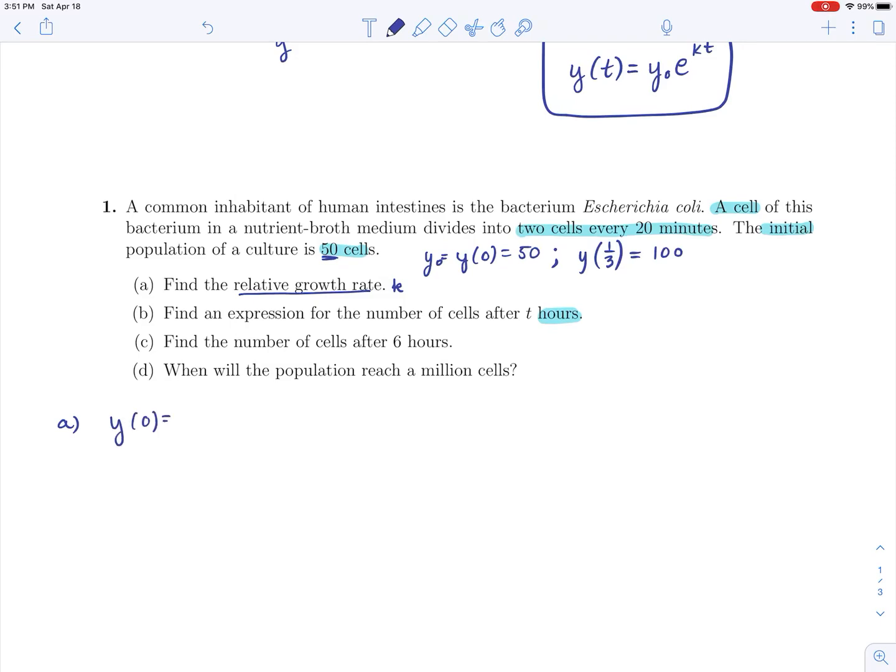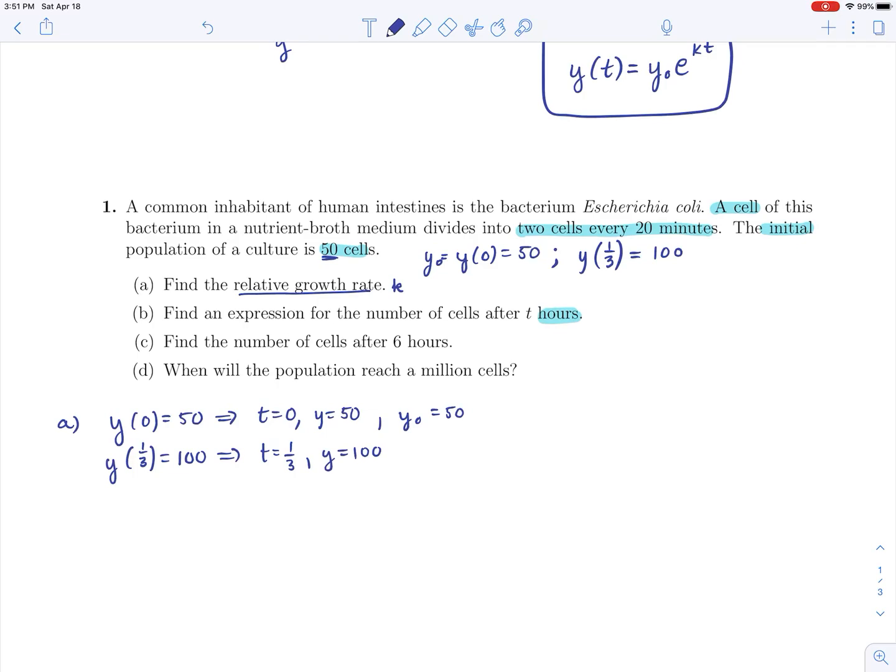y of 0 equals 50 means when t is 0, y is 50, that means that y naught is 50. And then y of 1/3 equals 100 means that when t is 1/3, that's 1/3 of an hour, we get 100 bacteria.